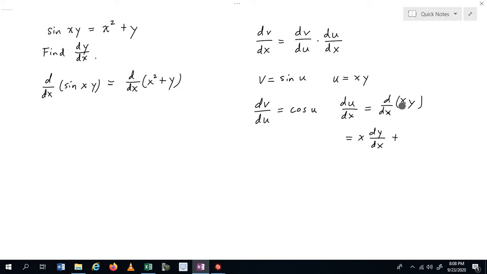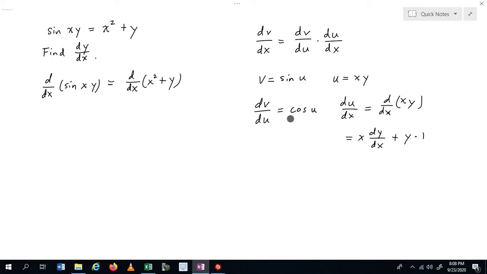So the first is x, times the derivative of the second, dy/dx, plus the second function, y, times the derivative of the first with respect to x. Of course, the derivative of x with respect to x is simply 1.